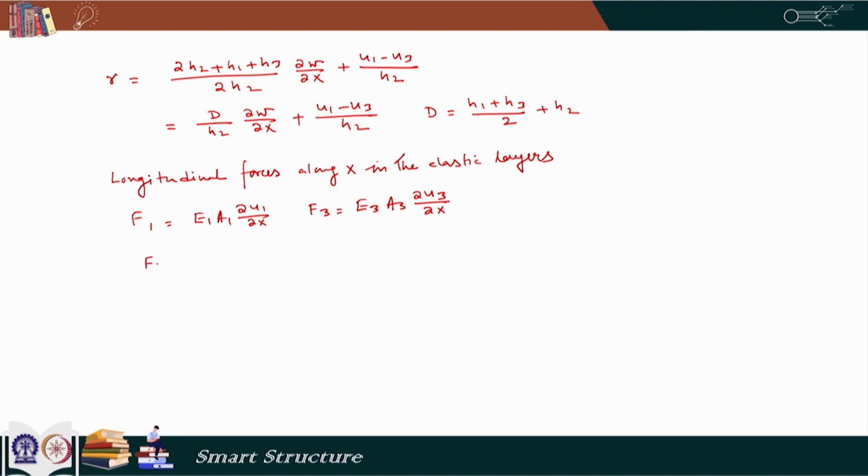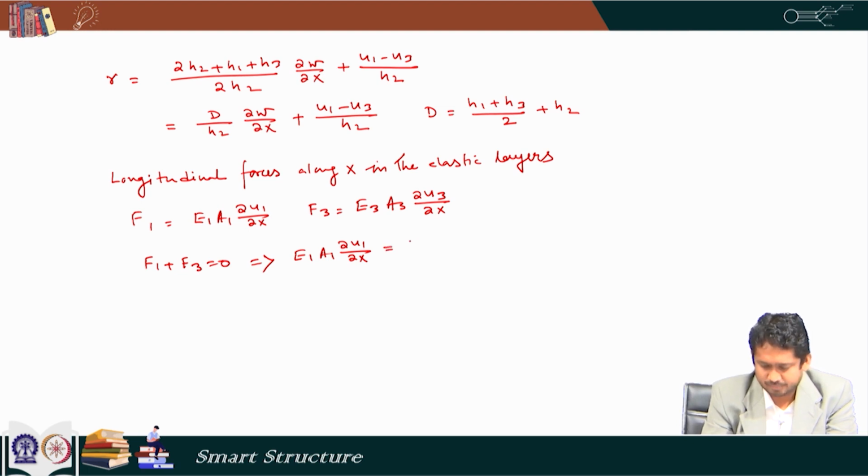So, F1 plus F3 should be 0, that is our equilibrium condition, and that gives me E1 A1 multiplied by del u1 by del x equal to minus E3 A3 into del u3 by del x.